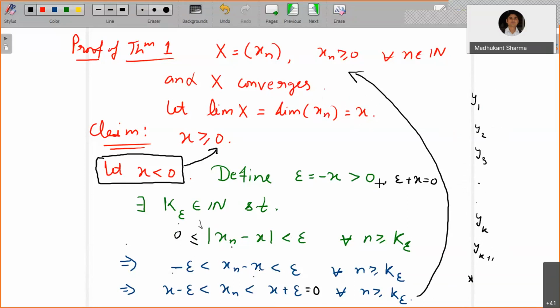Suppose you are getting 1.4142, and the next number you get is 1.4142, and so on. These numbers are very close to 1.4142.